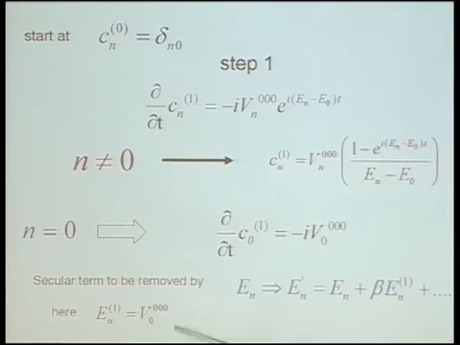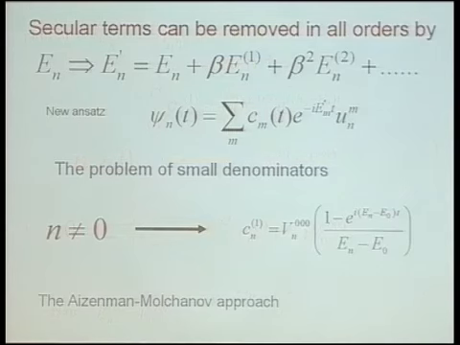So I will replace the original energies by new energies. And for example, here I will have to add to it the V000, and then I get rid of all these terms. And now we can show that for this problem, one can do it systematically in all orders of perturbation theory.